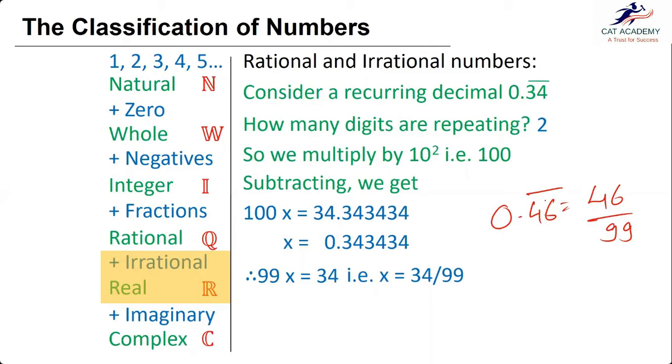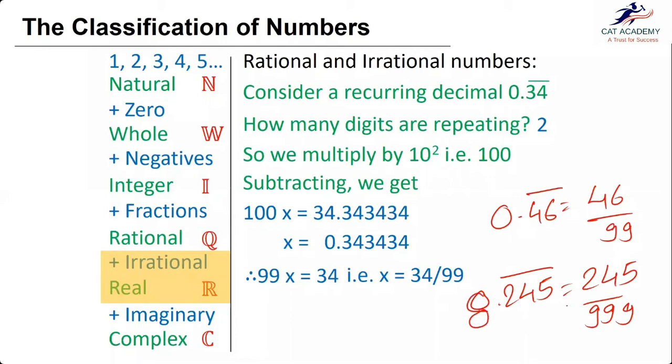So 0.46 bar is written as this, and 0.245 bar can be written directly as 245 by 999. And instead of 0 point, if I make it 8 point, then it should be 8 plus this thing. Clear now? The shortcut part is clear.